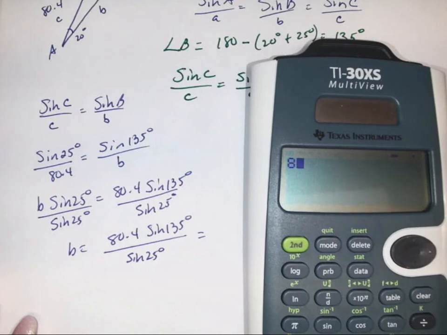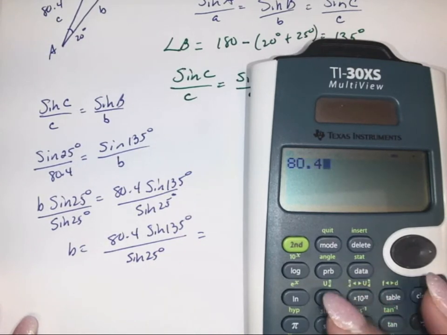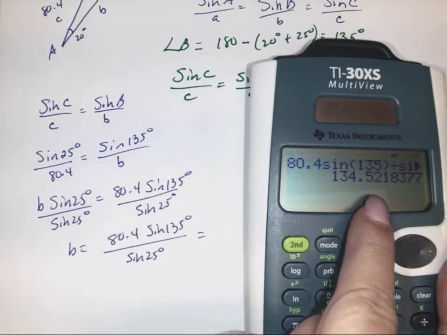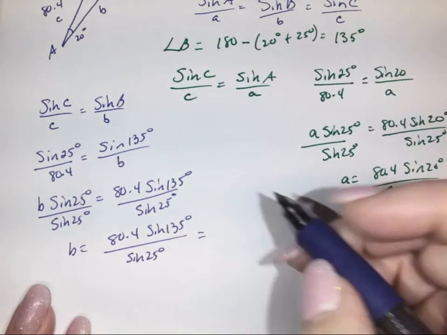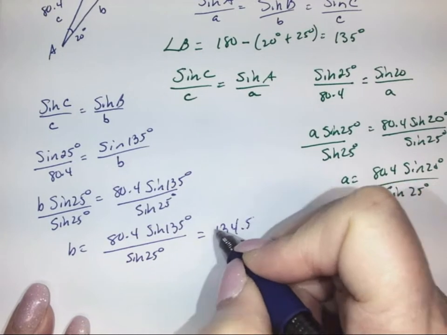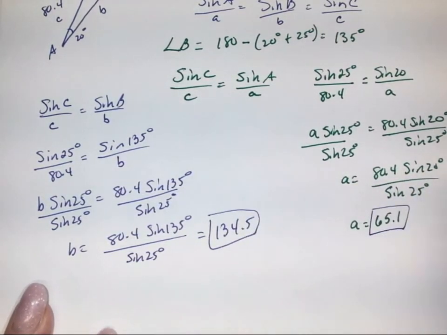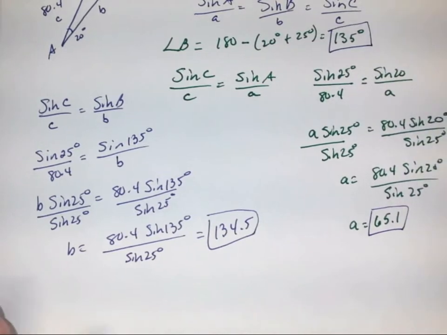So we have 80.4 times the sine of 135 divided by the sine of 25. And again, we'll go to one decimal, 134.5. So we have all of the pieces. Remember we talked before, there are 6 parts to our triangle, and we were given 3 of them, so we solved for the other 3.